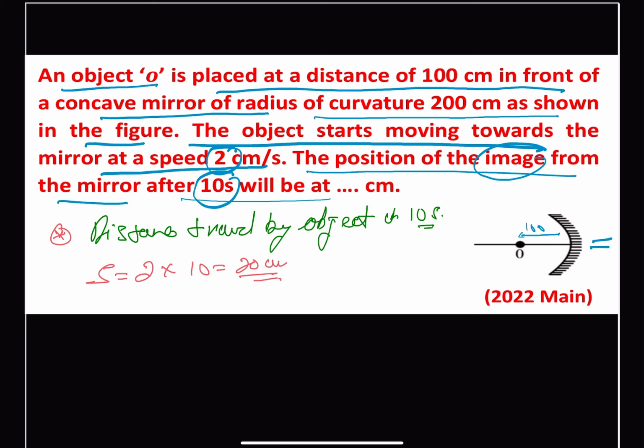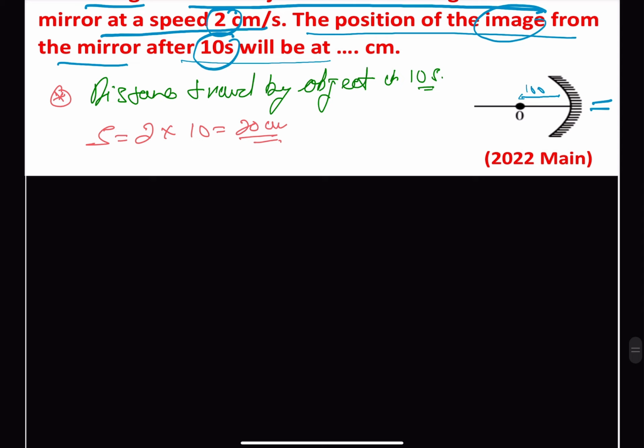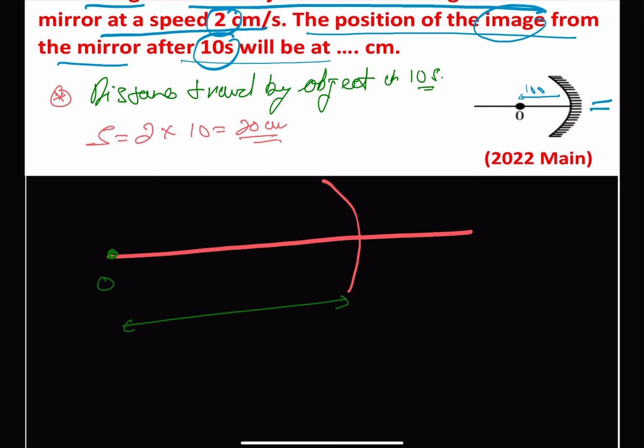Okay. So we can just draw an approximate figure. So this is our mirror, principal axis. Initially the object was here. Let us suppose this as O, and the distance is given to us as 100. And after 10 seconds it has moved a distance, let us suppose somewhere here, which is O prime, and this distance is about 20.